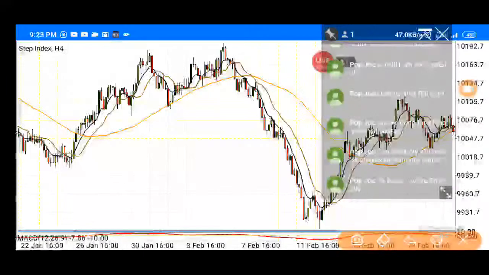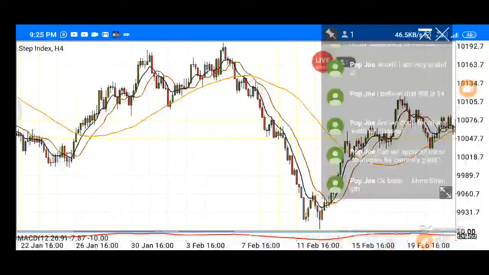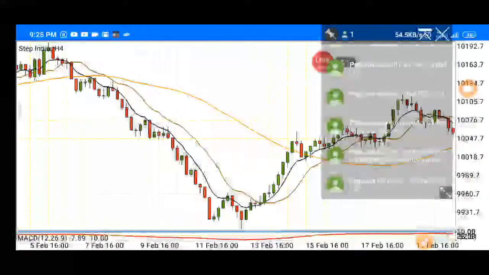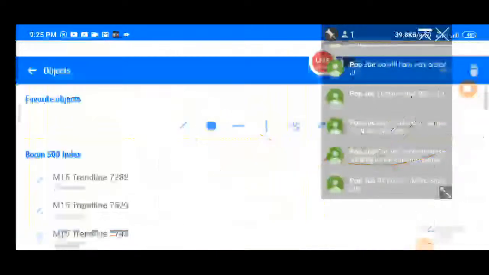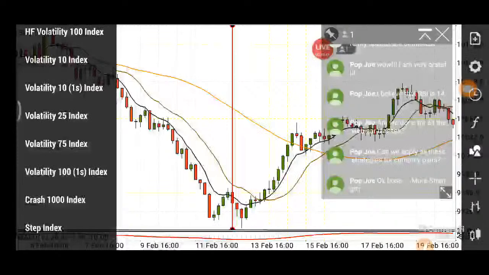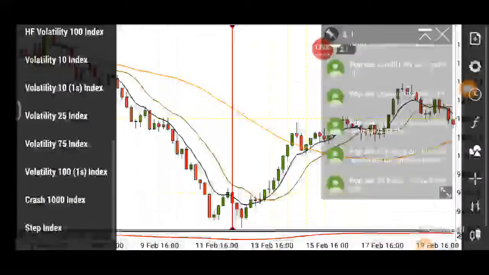See this small double bottom here. This double bottom will be bigger on H1. Let me change back to maybe H1 or probably M30.